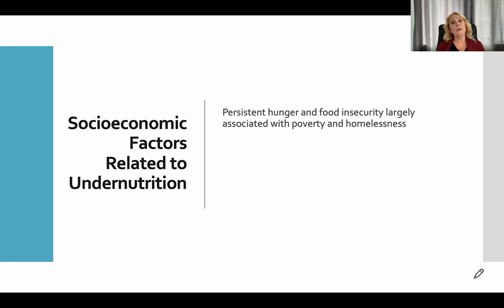Now, if I were to ask you, can you guess the number one food product purchased with the EBT card under the SNAP program? I'm not sure you'd be able to guess this, but it's soda.